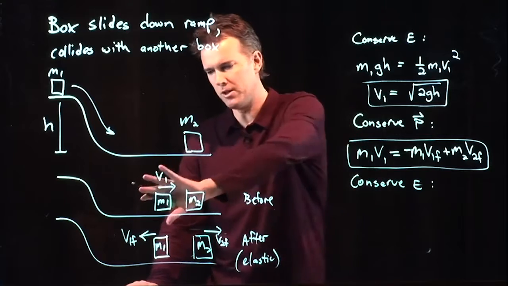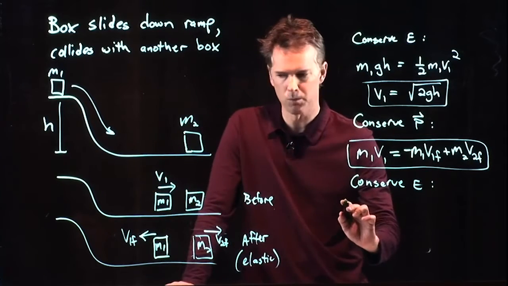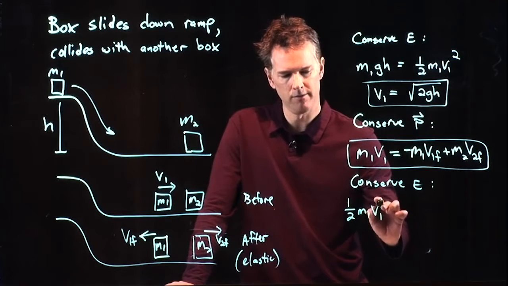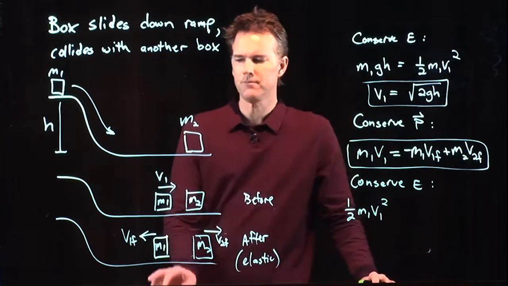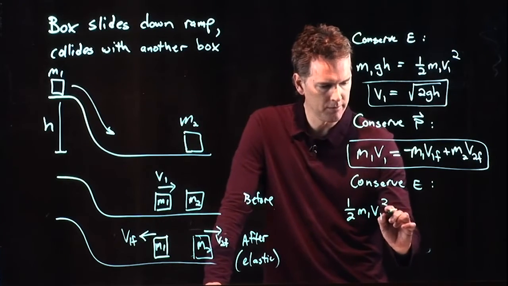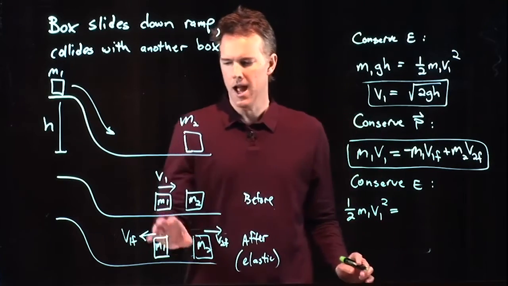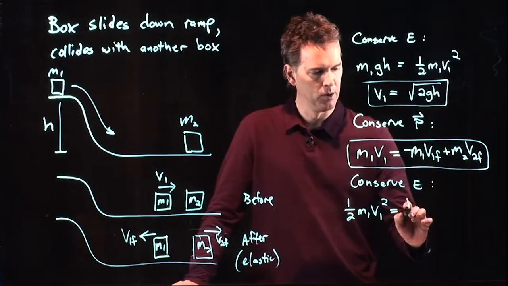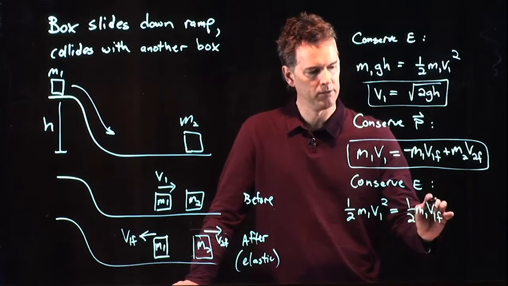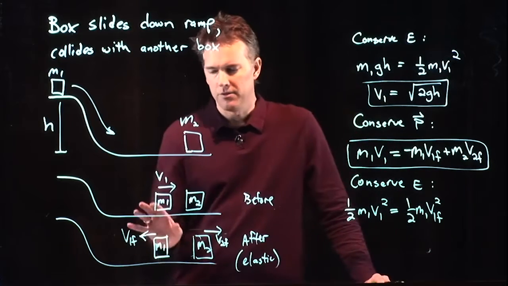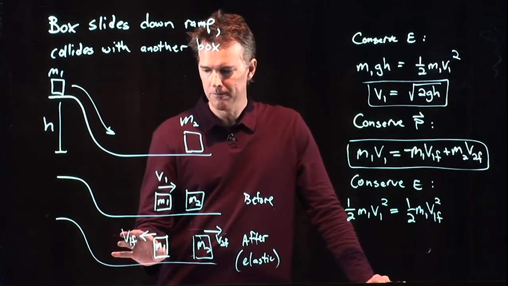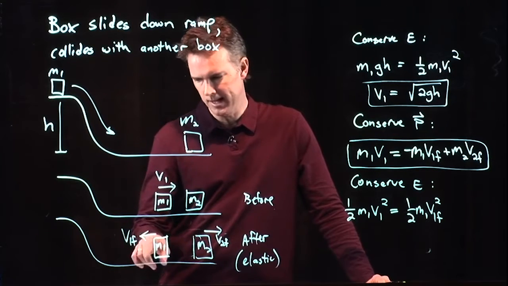So any energy that went into the system initially, which was 1/2 m1 v1 squared, that's the only block that's moving, has to go into the final energy of the system. And now we have two blocks. We have 1/2 m1 v1f squared. It's a positive number, right? Kinetic energy is always a positive number. And so it doesn't matter that it's moving to the left.